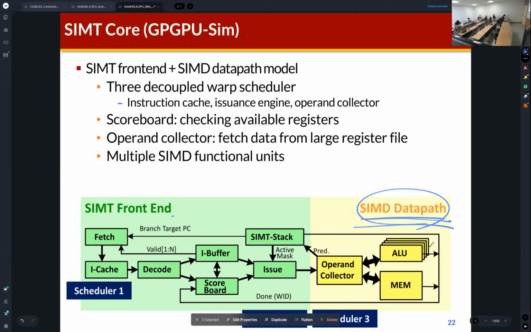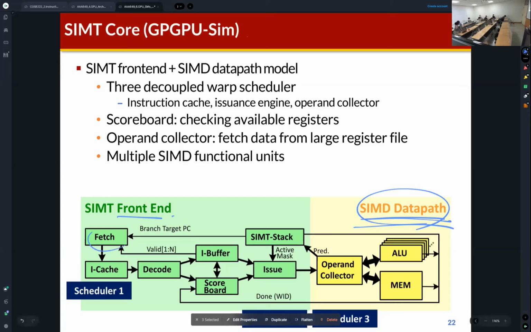Actually, the SIMT back end is rather simple. It's simple because the architecture of the SIMT processor is simple, but the front end is a little bit complex. But it's simpler than the out-of-order processor.